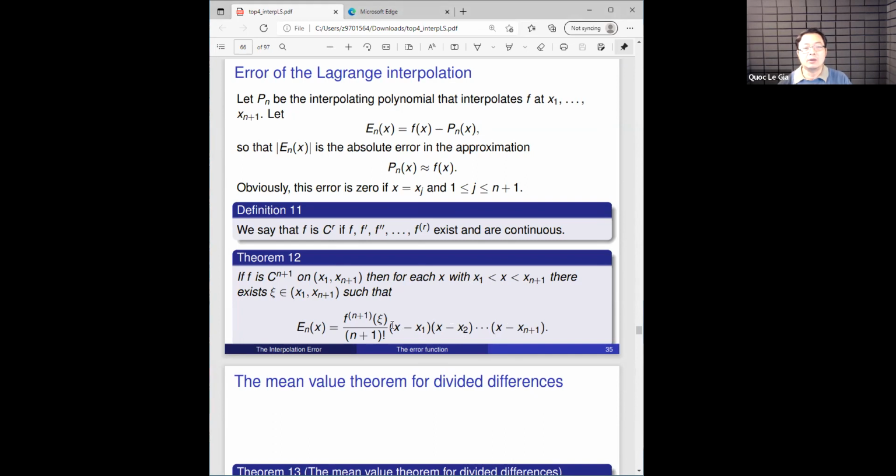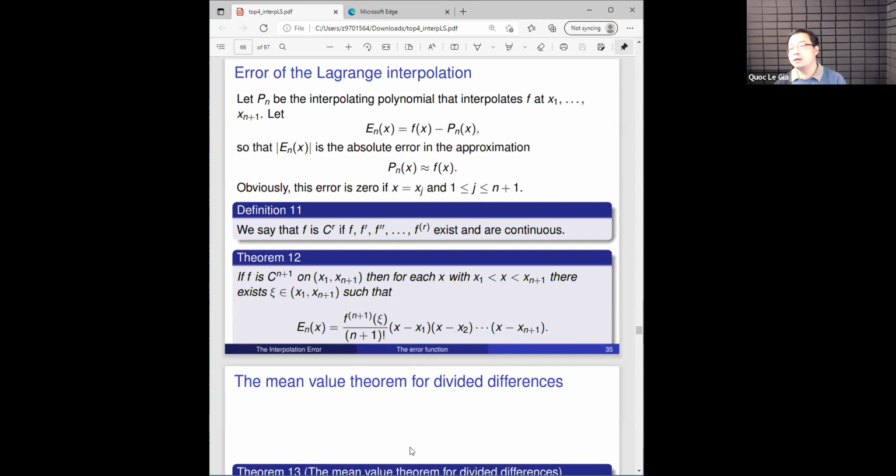So this is like the case when you have n plus 1 points. It is distinctly different, but if the points collapse, then you have the error in the Taylor series. Exactly, this is a very good observation. So they are connected in some sense.